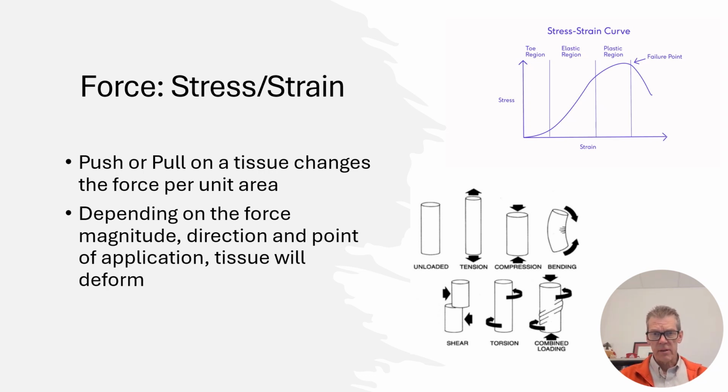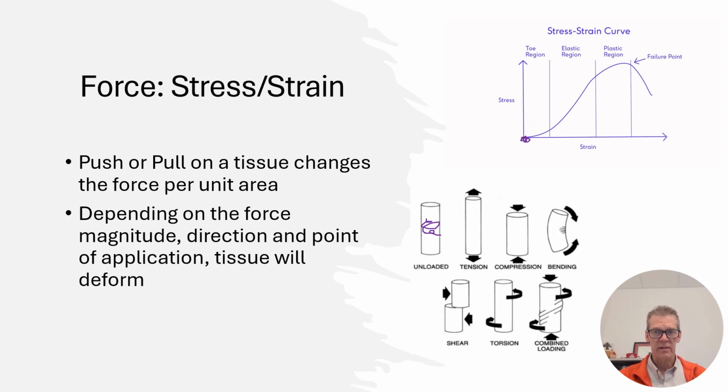So if we think about this, I like to think about these things like little cigarette butts. I don't know, maybe little pool noodles would be a more health conscious description. But if we think about this unloaded tissue or object, it's sitting right about here. It doesn't have any stress on it.